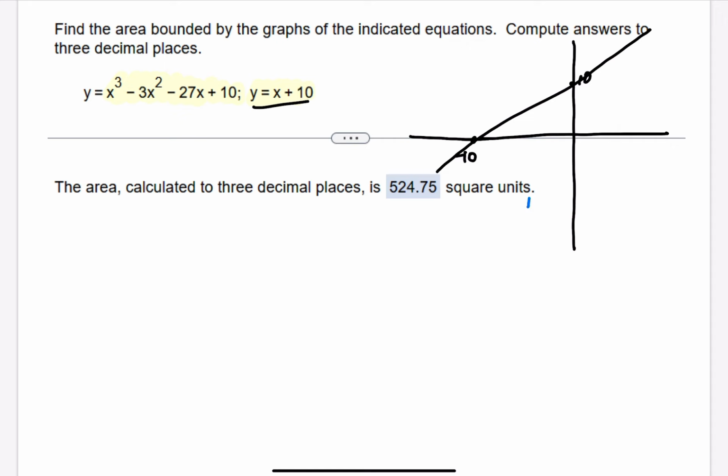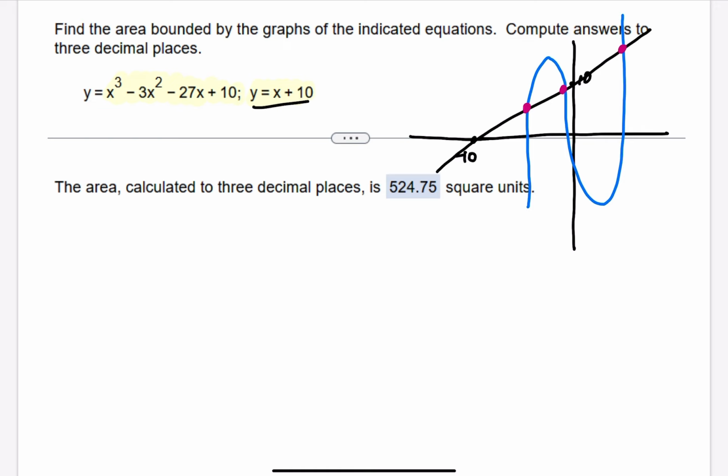So my graph would be x cube something. Let me move this. Like that. Always graph your function and see what's going on. And as I can see, I have 3 intersection points here, and I'm trying to find the area under the curve.